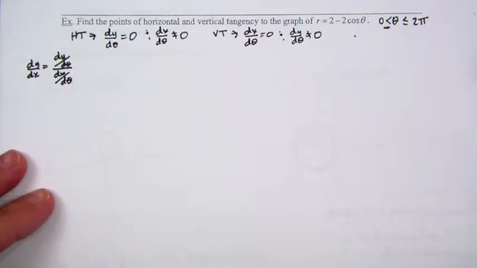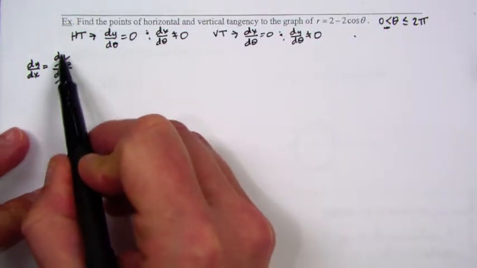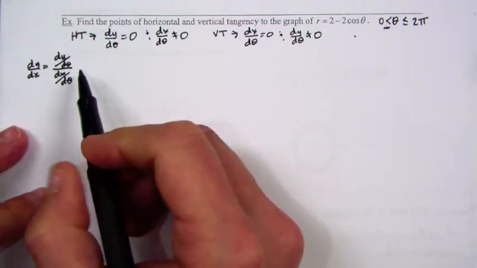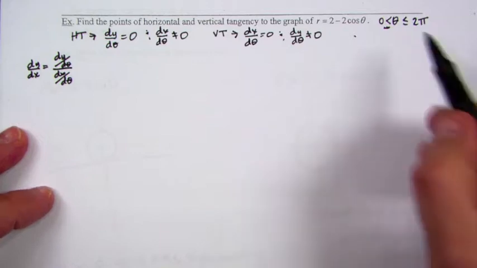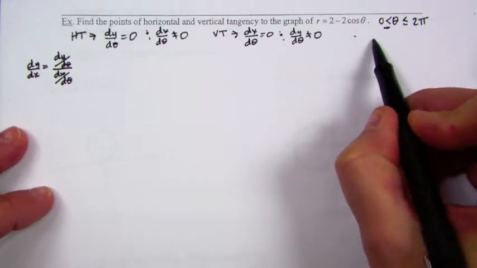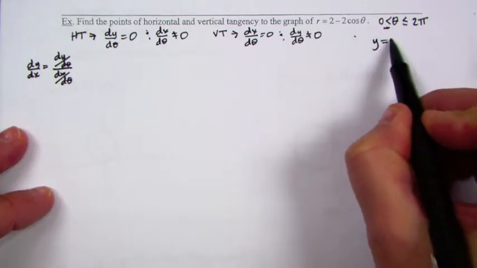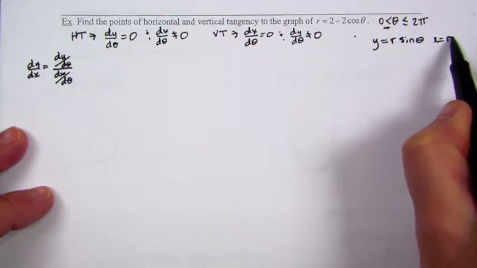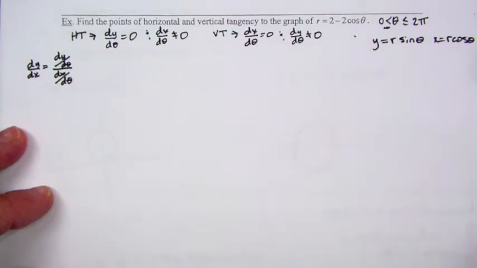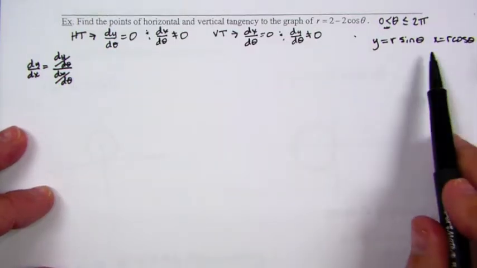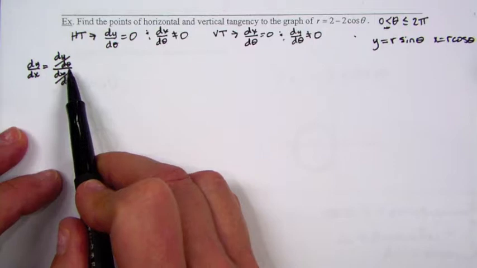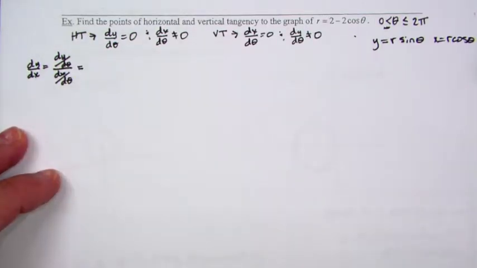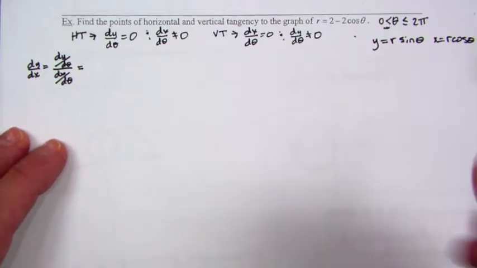So probably the next thing I need to do is talk about how to come up with this formula. Remember that y is defined to be r sine theta, and x is defined to be r cosine theta, because it's these two equations that we're going to use to help us come up with my derivative. So dy d theta, I'm going to have to use the product rule here.